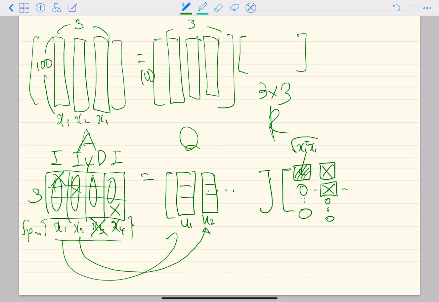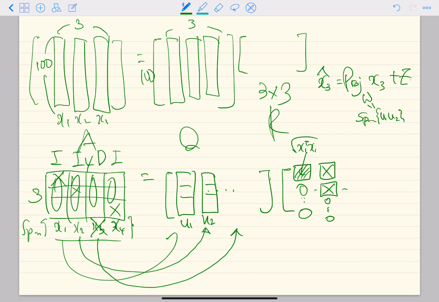Okay, and then what about the third one? So let's think of the third one and consider the projection of x3, and then consider z3, so this part is x3 hat.